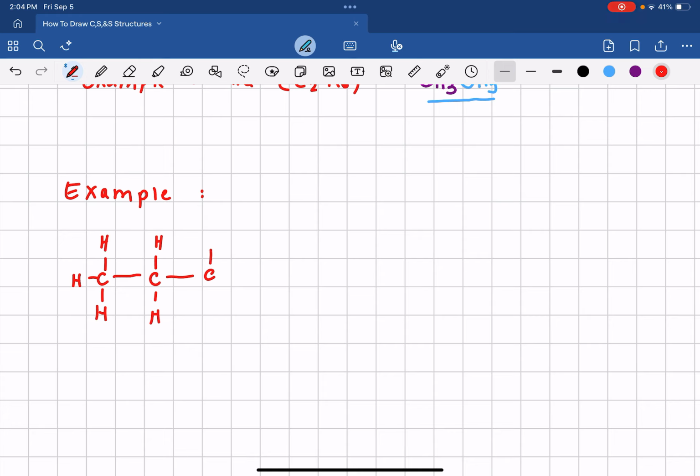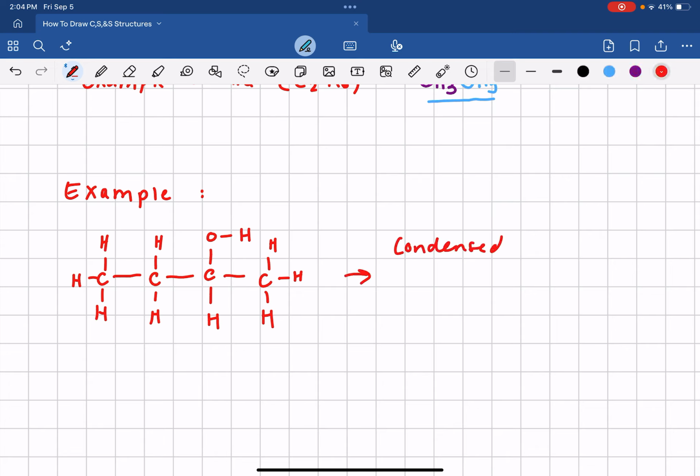I have a carbon that's attached to an OH, another H, a CH3. Now, we will use parentheses around this atom right here.